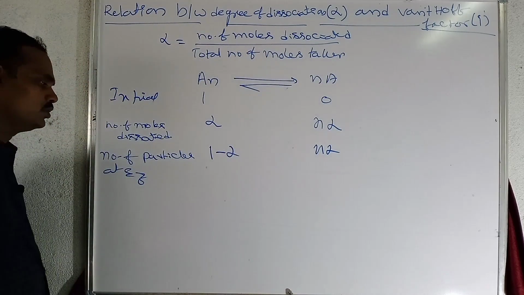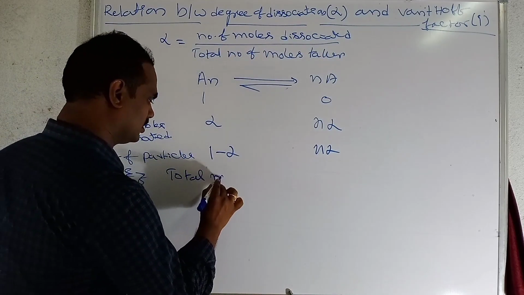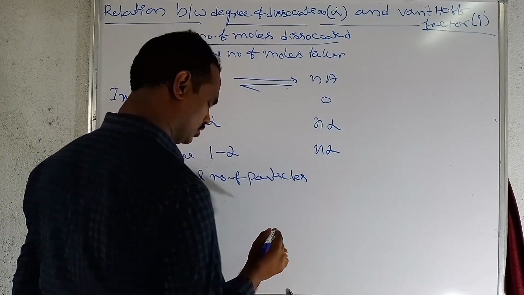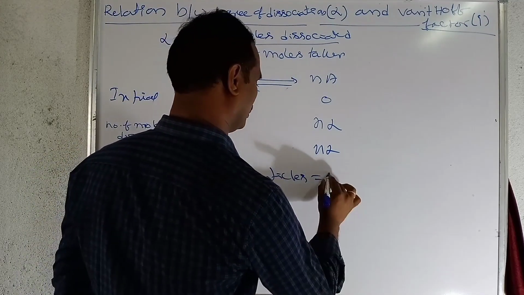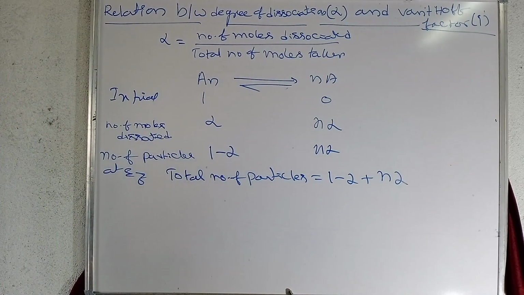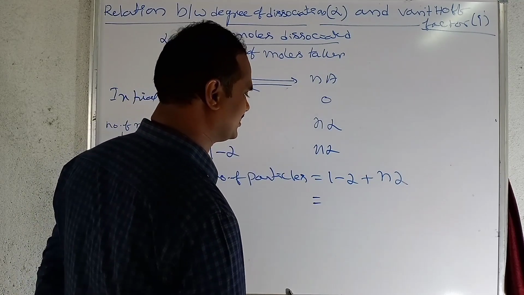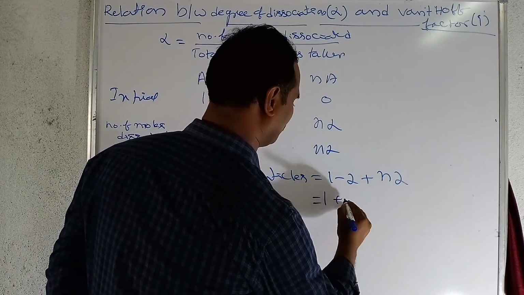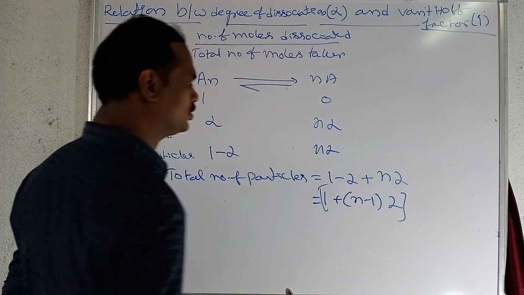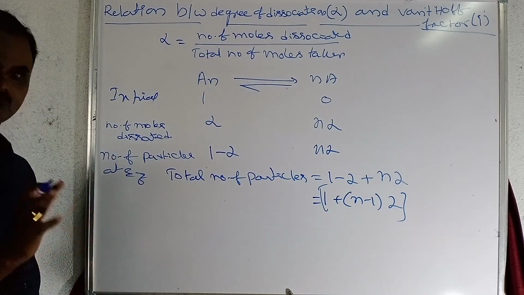Now the total number of particles is 1 minus alpha plus n alpha. Taking alpha common, we get 1 plus (n minus 1) alpha. This is the total number of particles present at equilibrium after dissociation.